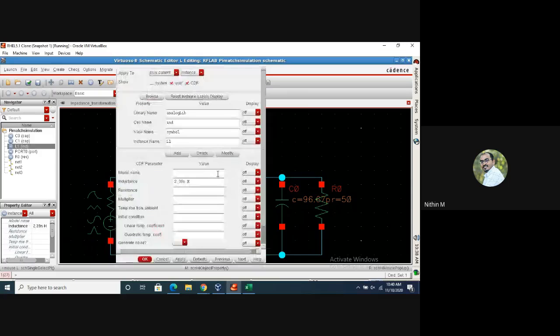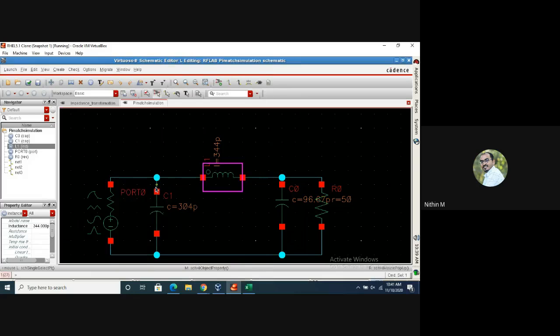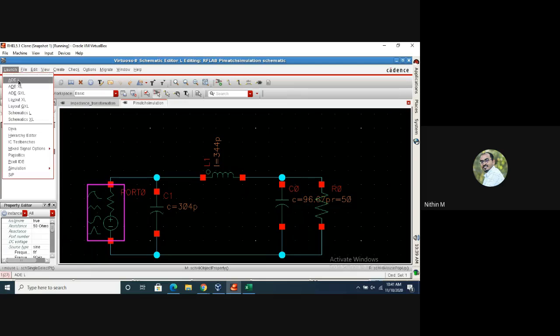Now the inductance value. The inductance value was close to 0.344 nano. Yes. All right, so I'll just save this and go and launch ADS. Let me close the other ADS window.